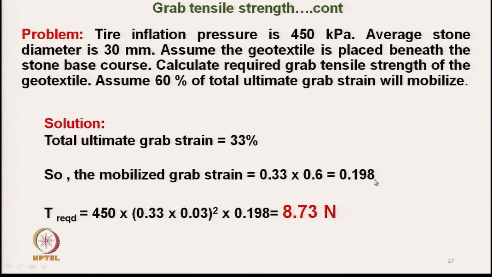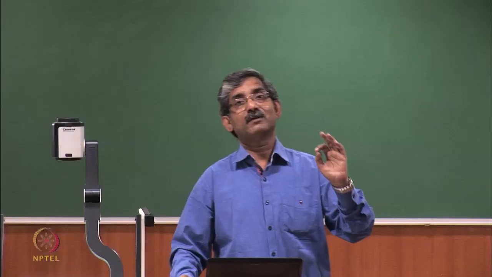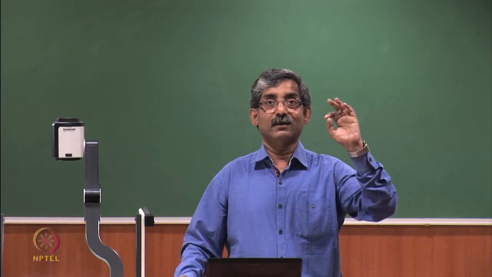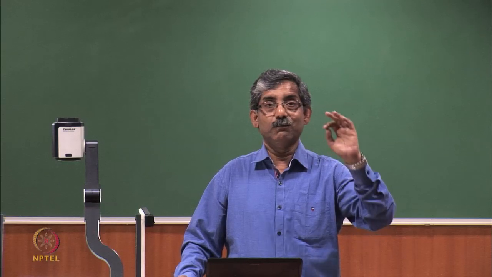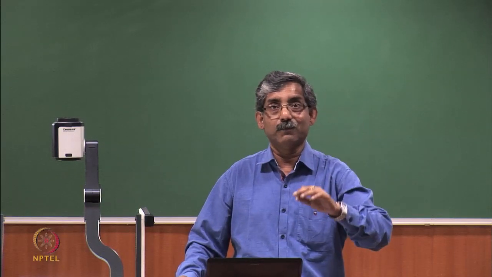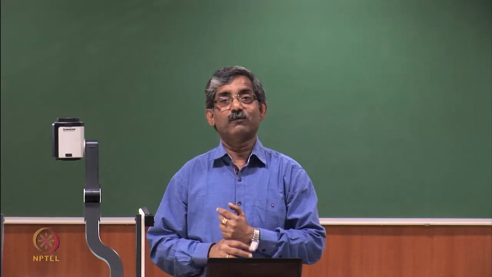Now, let us see one practical problem to calculate the required grab strength of geotextile. The problem is that the tire inflation pressure is 450 kilopascal. That means the tire inflation pressure shows that the tire will impart a vertical pressure of that amount, 450 kilopascal.